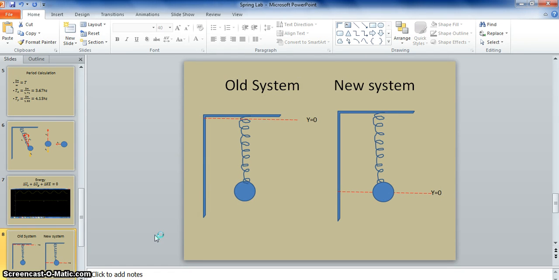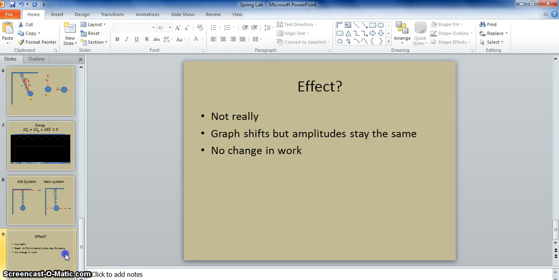If we were to change our system, and instead of defining our origin at y equals 0, define it here, moving from the top of the spring to where the mass starts from, there would be no real change in the system, because potential energy is an arbitrary value which we define based off of relative points.